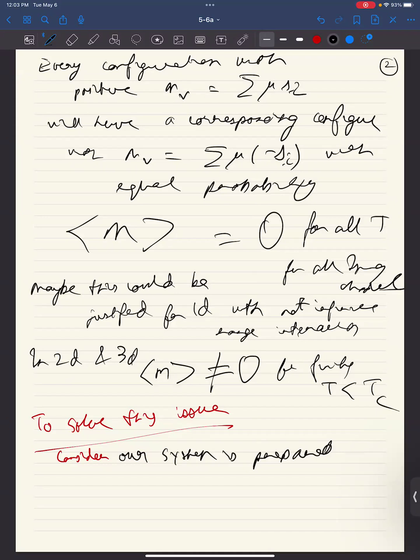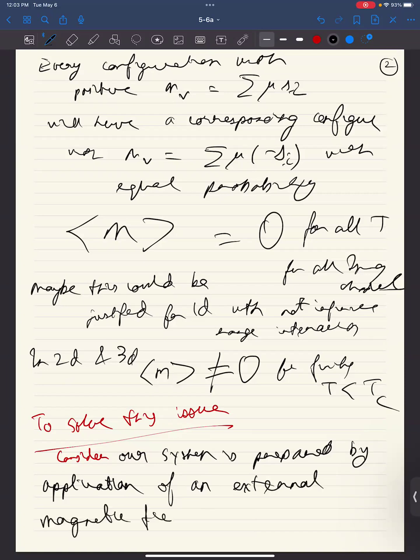So consider our system is prepared by application of an external magnetic field H. And let's say H is more than 0 for now. The same argument will work if H was negative. Okay, we assume H is more than 0.